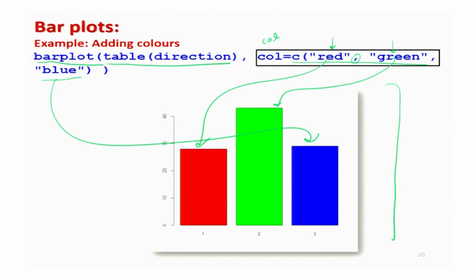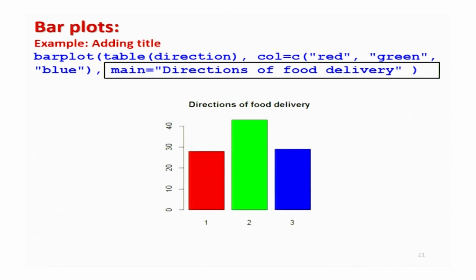Now I will keep on adding different options to add different features, and you have to observe how I am adding them and how they are affecting the outcome of the graphic. So now if you see, I have just copied the earlier command up to this point, and then I have added one option, which is main. This main is going to add the title of the graph.